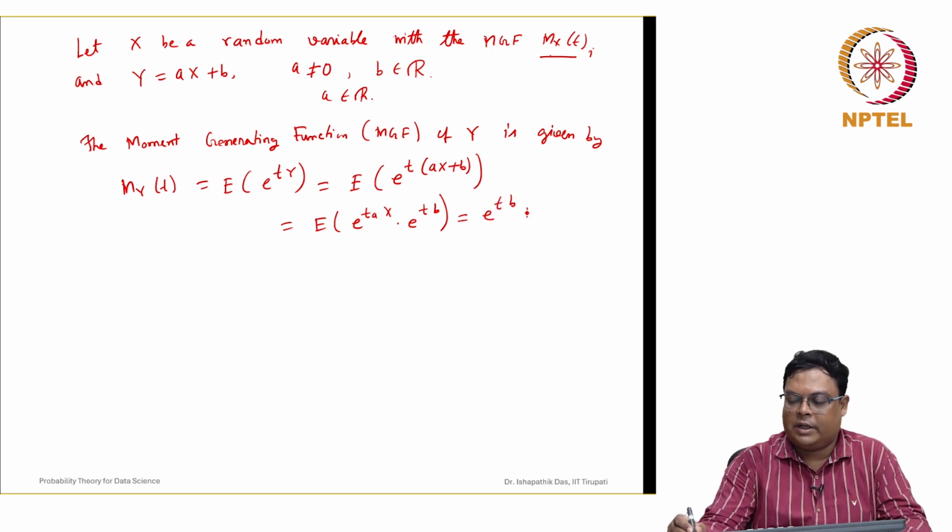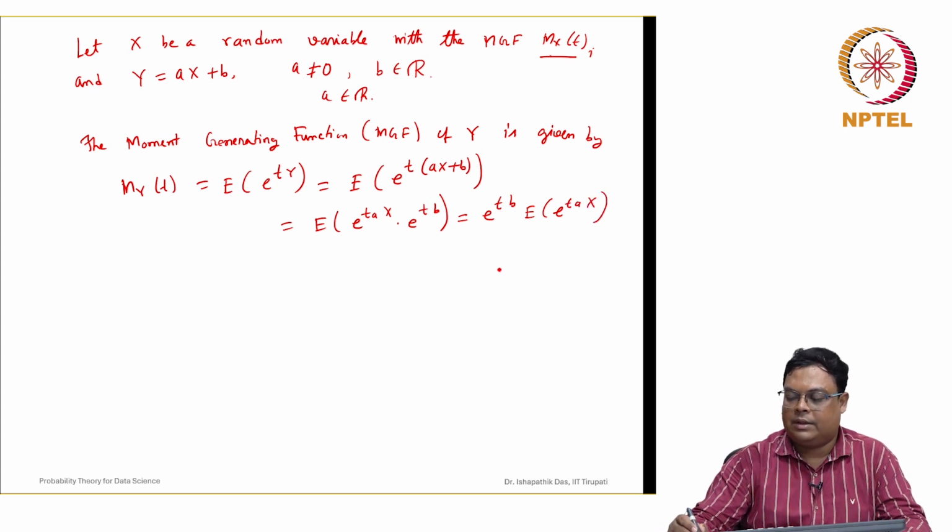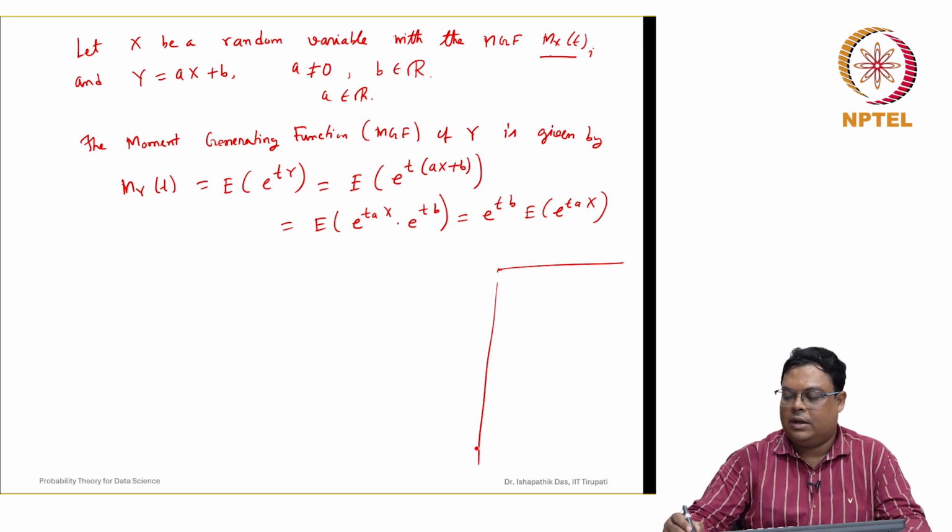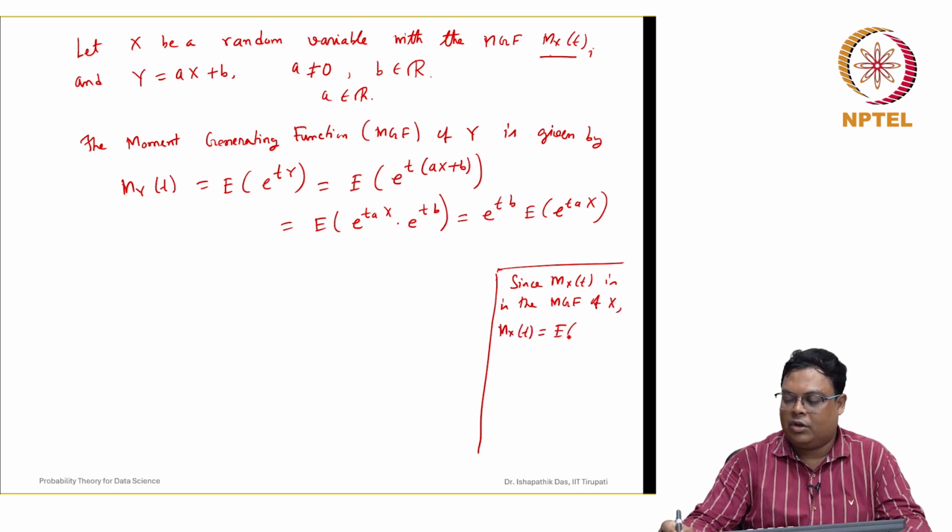And now the expected value of e to the power of tax. What is Mx(t)? Since Mx(t) is the moment generating function of x, Mx(t) is nothing but the expected value of e to the power of tx.